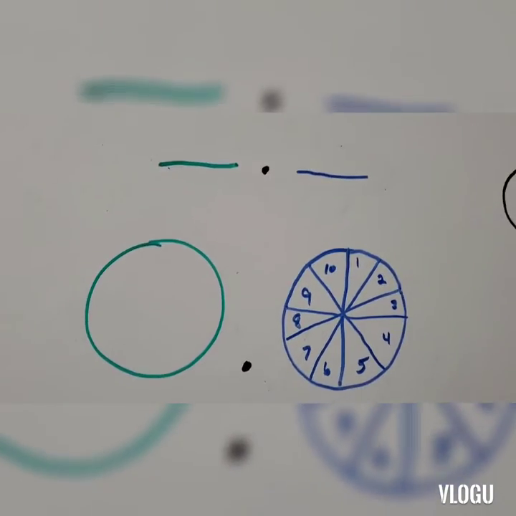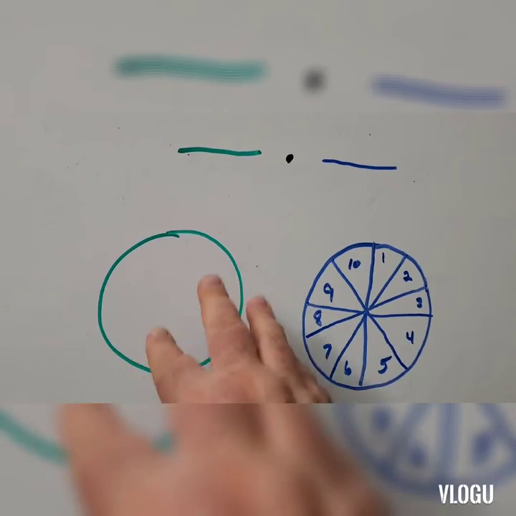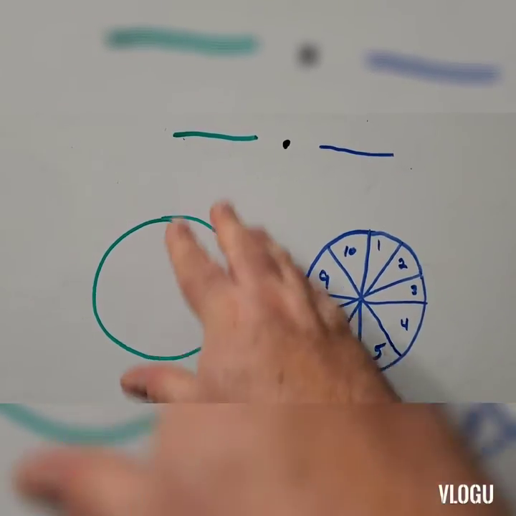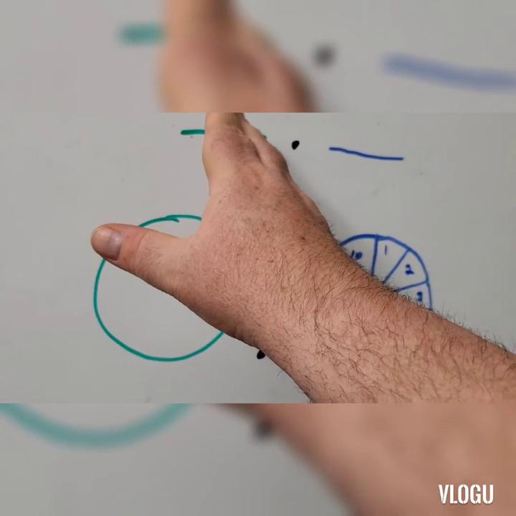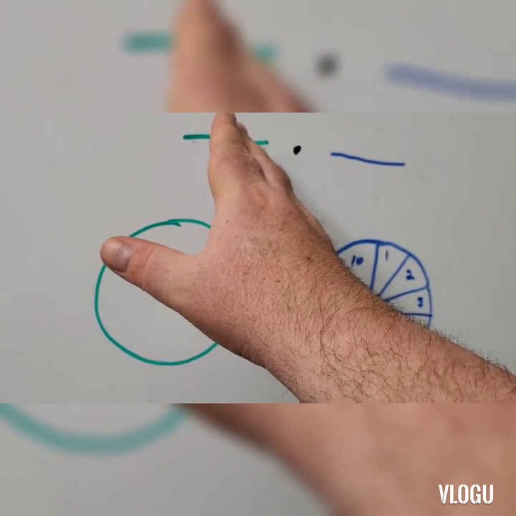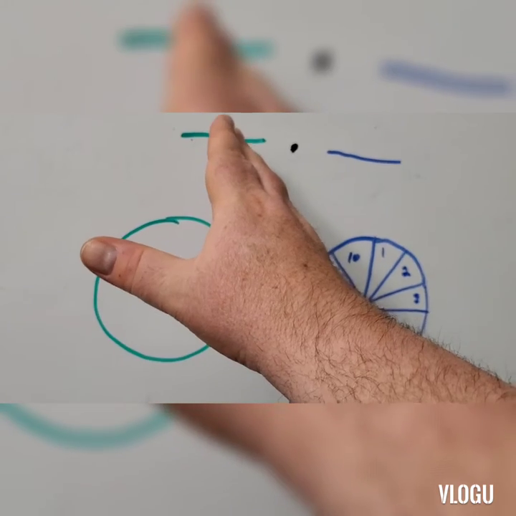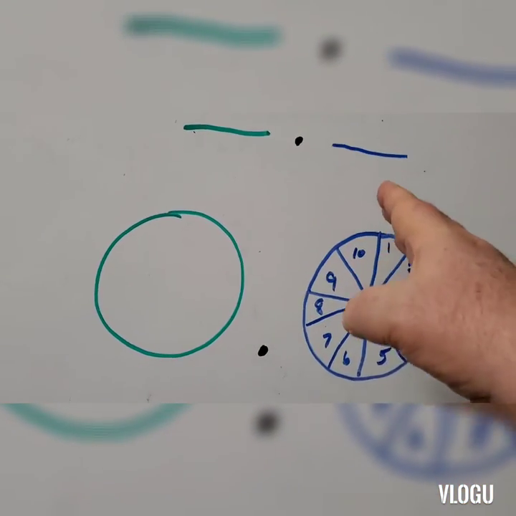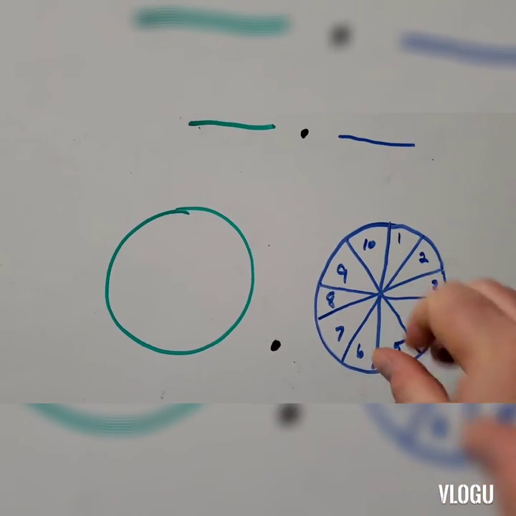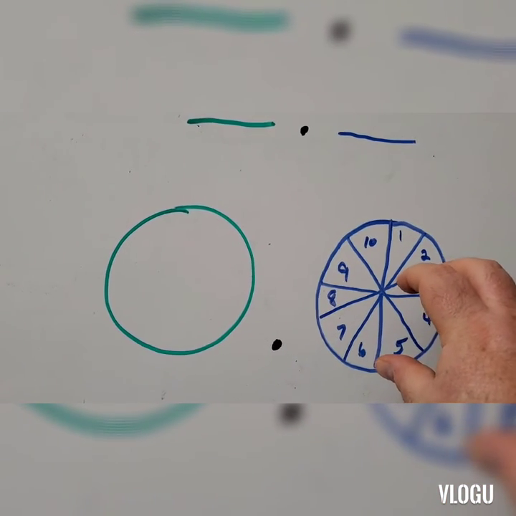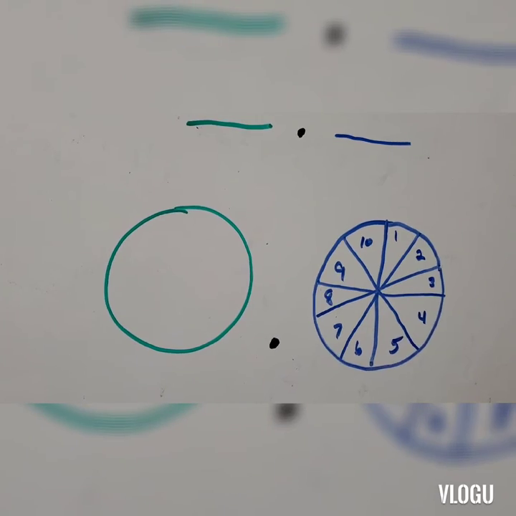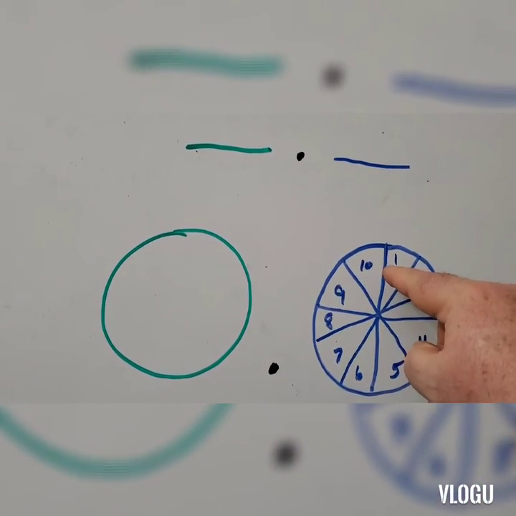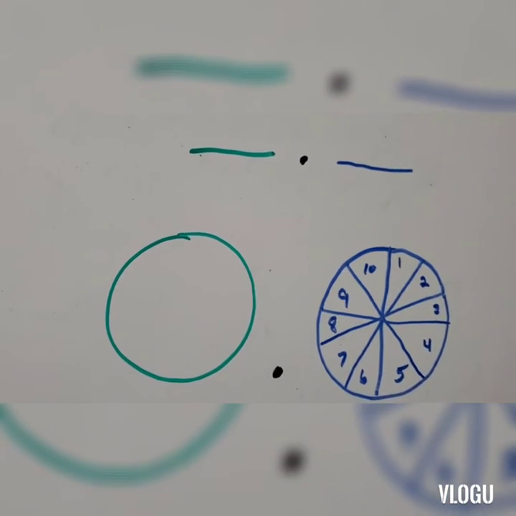Montessori colors, if I have a whole here, it would be my 1, 2, 3, 4, 5, 6, 7, 8, 9. But if I break it into 10 pieces, these are my tenths. It takes 10 little pieces to make a whole.